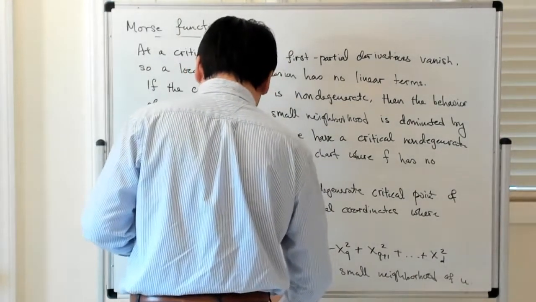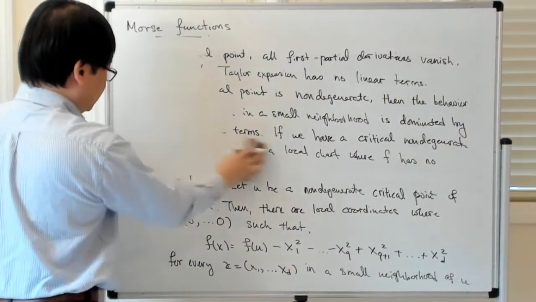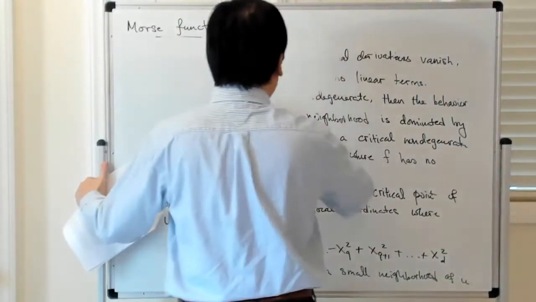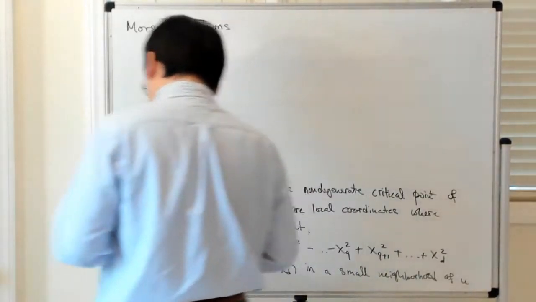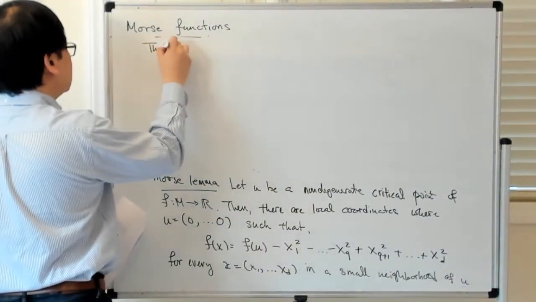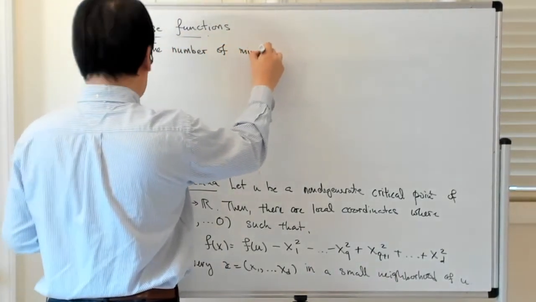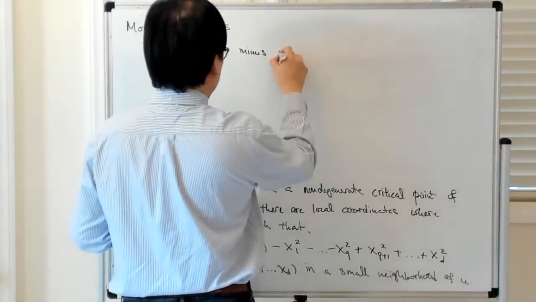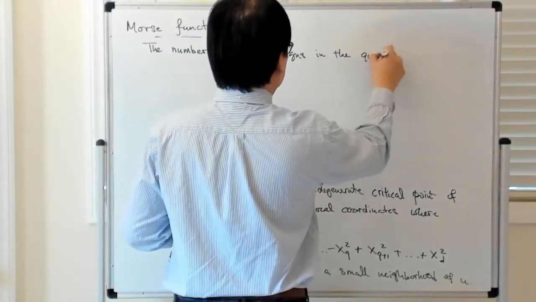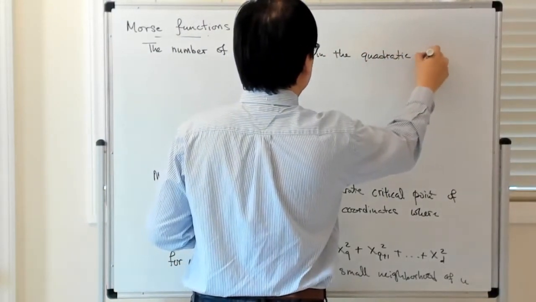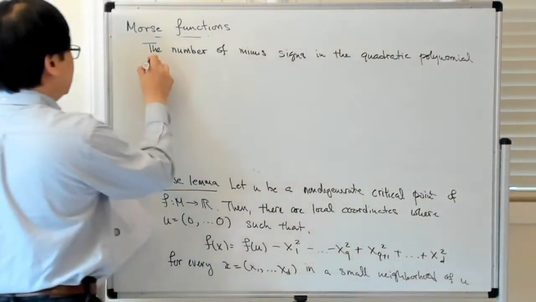Okay, so the number of terms with negative signs is going to be significant. It's going to help us classify the non-degenerate critical point. So the number of minus signs in the quadratic polynomial is independent of coordinates.